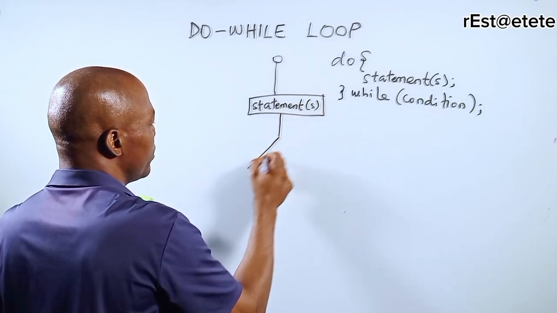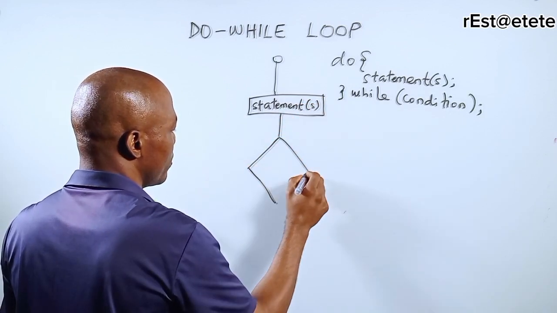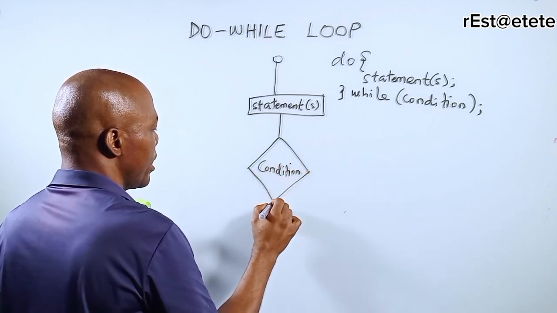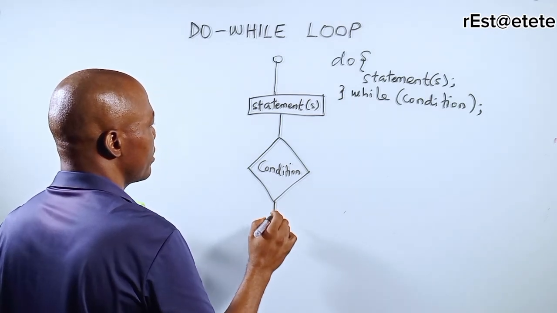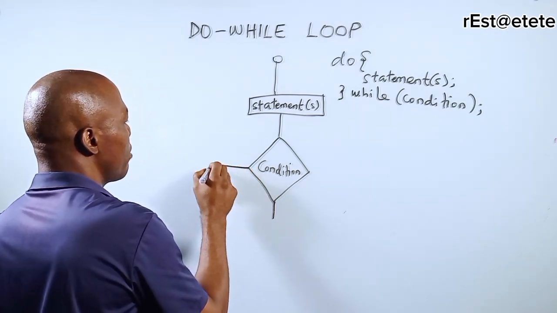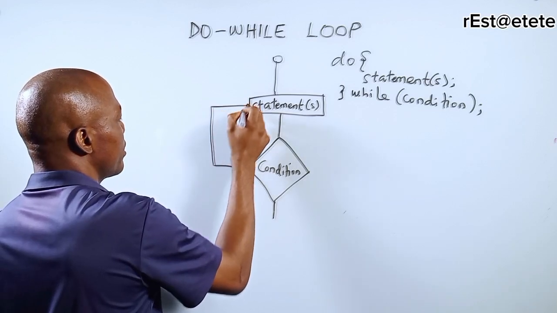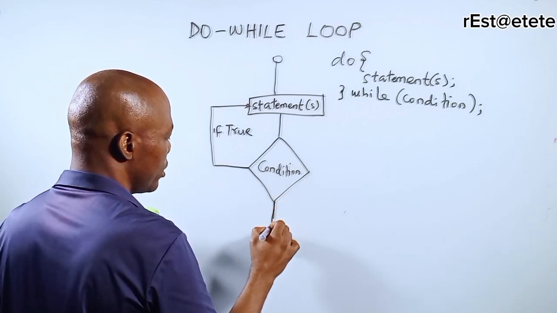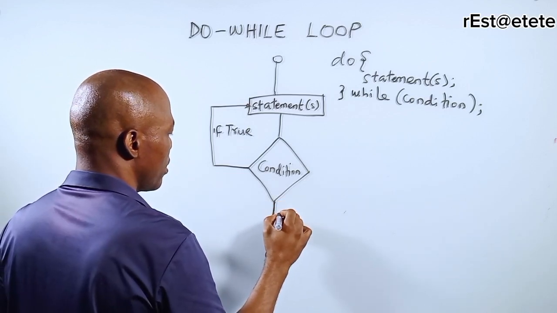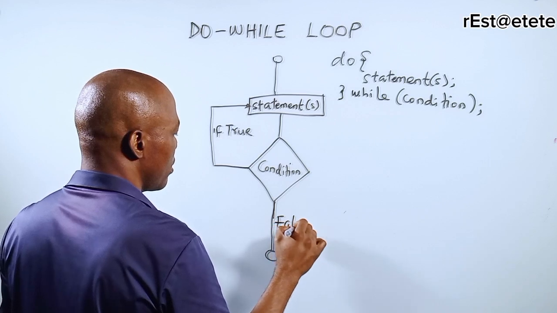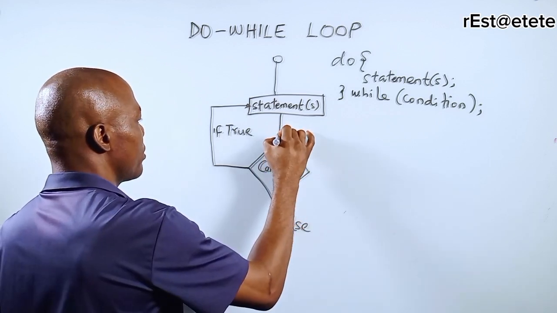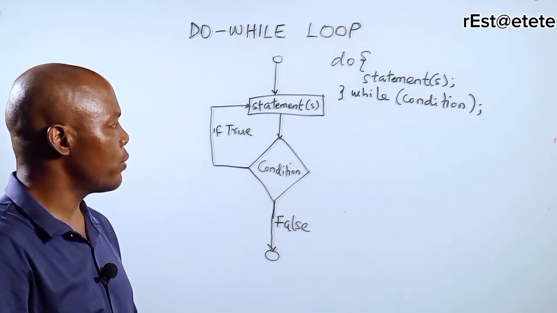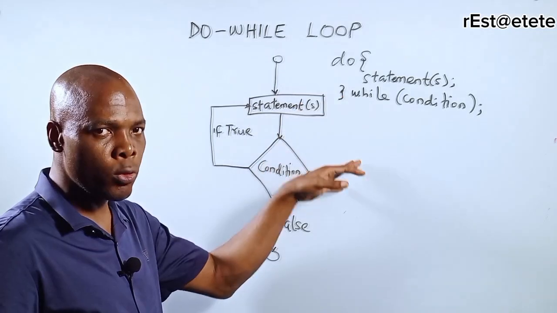Then you have this. Then we check the condition. So condition. Then if the condition is true, we come here and then we do this again. If the condition is false, we do this. So this is the flow chart for a do-while loop.